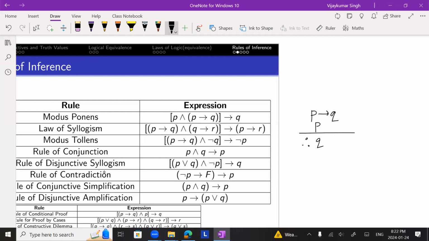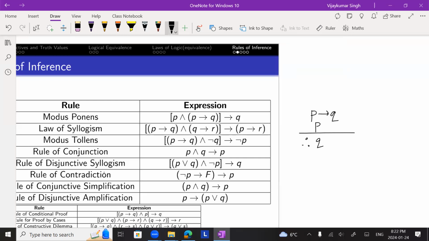What is the meaning of this? Suppose P implies Q is true, and P is true. That means Q must be true. Is it? No, it's not. It doesn't mean that Q is true. It means the output will depend on the value of Q. Is that okay?